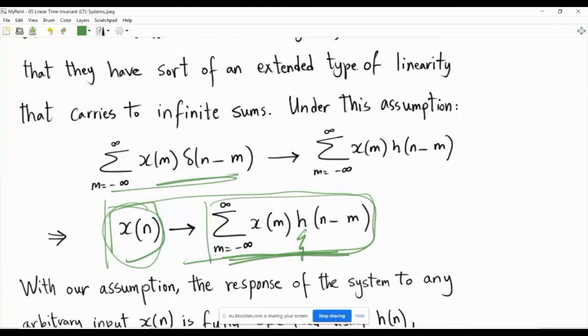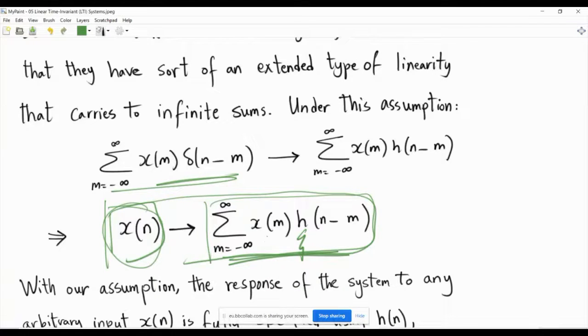So the system now is fully captured by the so-called h of n, the impulse response. If you know it, that's it. You can compute the output in response to any input. And to derive this result, we needed linearity, time invariance, and extended linearity.